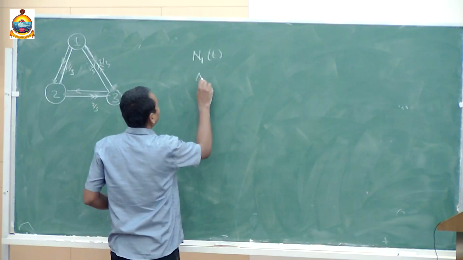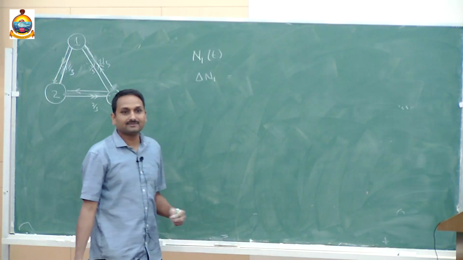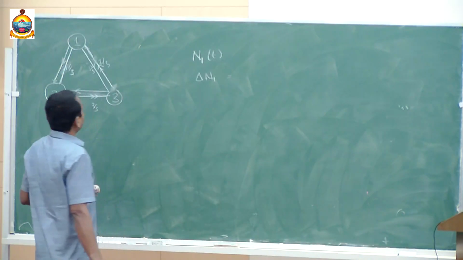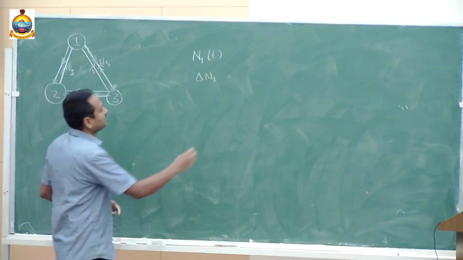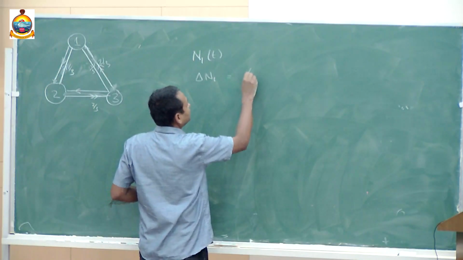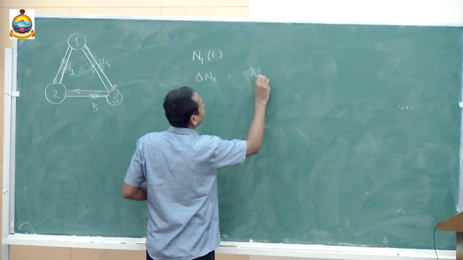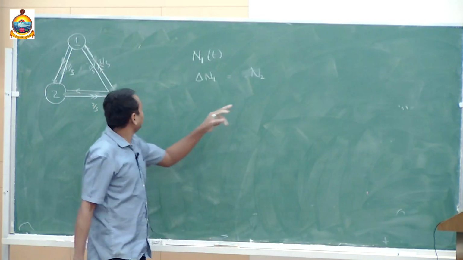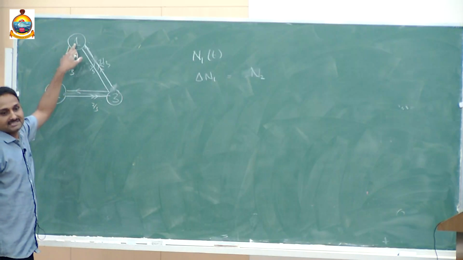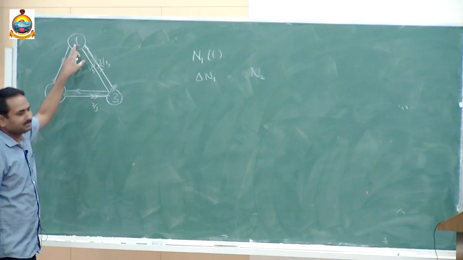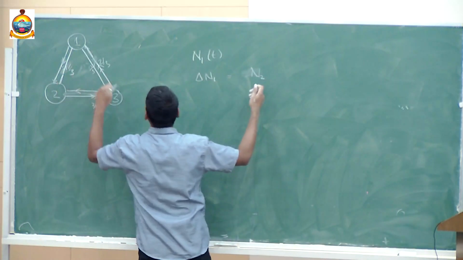So delta n1 equals to... this is a general example, but let us say that the probability of those which are at n2, from 2 to 1, I call it some W2 to 1. Some number is there, but I will write it generally. So delta n1 is that from 2 and 3 it can come.